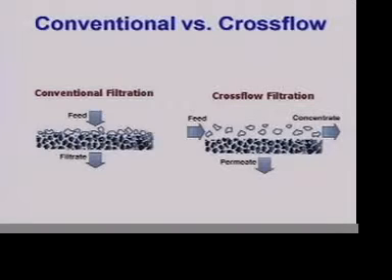The stream that contains the contaminants you've removed exits as a concentrate stream. Theoretically, this never has to be regenerated. In reality, it does have to be cleaned, but it's a continuous process, and ideally, if somebody wants to build a reverse osmosis system, for example, they try to build it so that the cleaning takes place about once every 3 months. So it's certainly much more continuous than a batch filtration process.